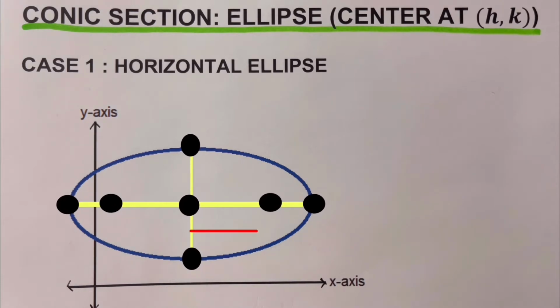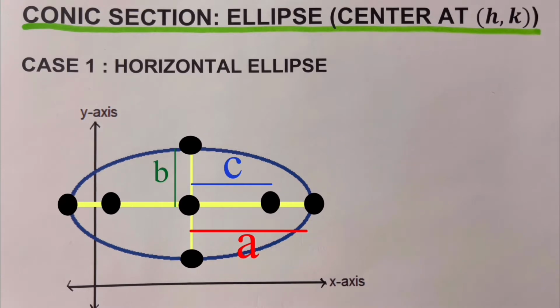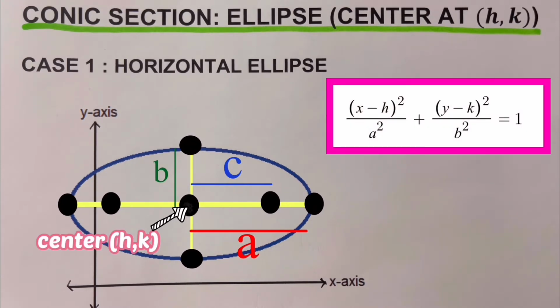We remember that the distance from the center to the vertex is represented as letter a, while the distance from the center to the co-vertex is represented as letter b, and the distance from the center to the focus is represented as letter c.